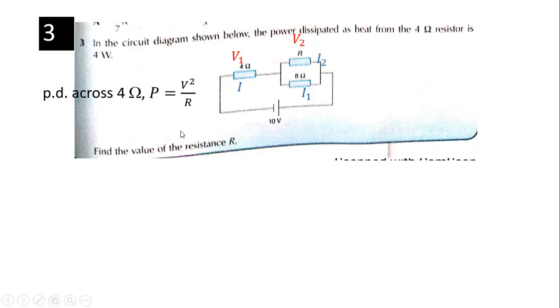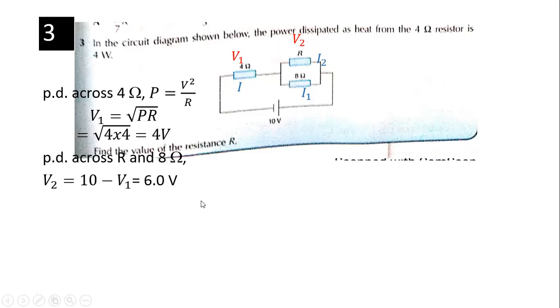P is V squared over R. So cross multiply PR then square root it, you get your V1 is square root of PR. And put in your value, 4 times 4, is 4. So now you got your V1, then you can find your V2. V2 is just your 10 minus your 4, is 6.